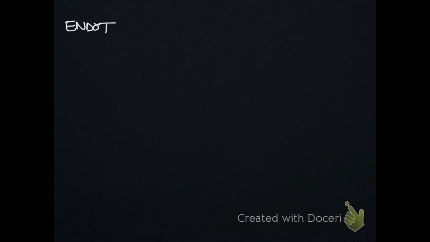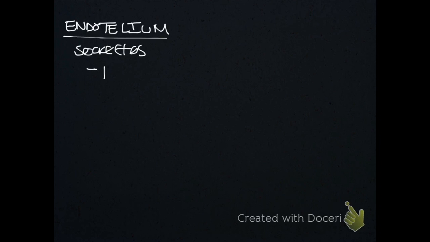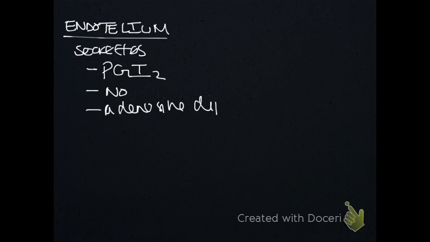As our discussion has been going, the endothelium is obviously very important when it comes to controlling the coagulation cascade, whether that be playing an inhibitory role in terms of platelets using PGI2 prostacyclin, or adenine diphosphatase in terms of breaking down ADP, or nitric oxide in terms of having a vasodilatory effect on the blood vessels.